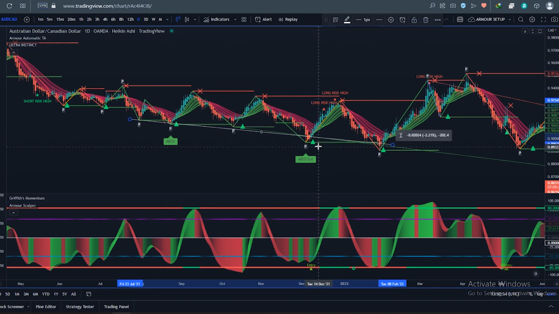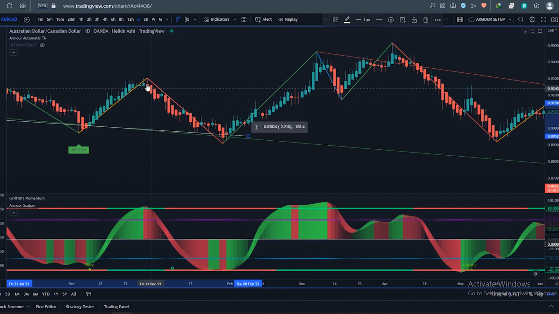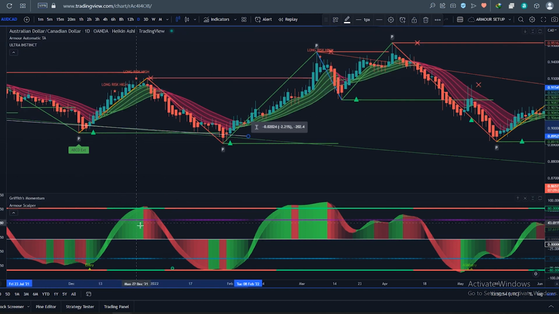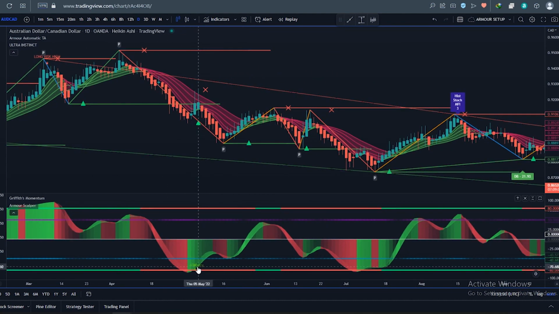If you get the buy signal and the entry signal together, that means it will go up. After a certain price bump, you will see long risk high. Long risk high means it will drop. If you pay close attention, you will notice the bull trap also. When the scalper changes the color, more dump. Easy. Entry signals are very accurate, guys, if you know how to use them well.